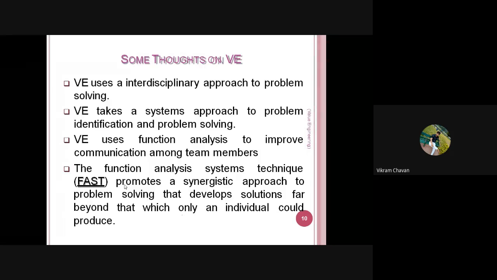The next one: value engineering uses function analysis to improve communication among team members.